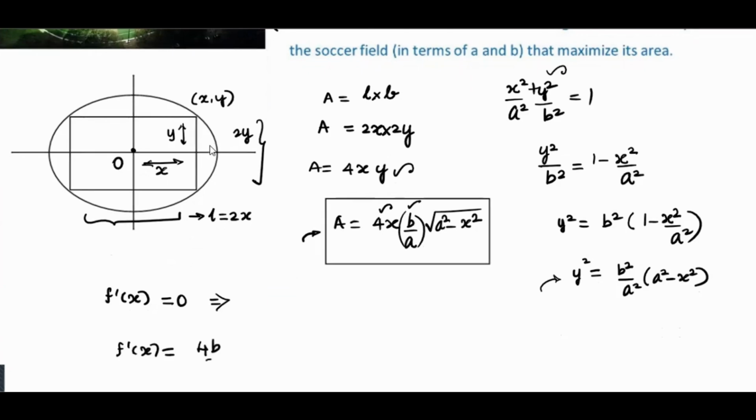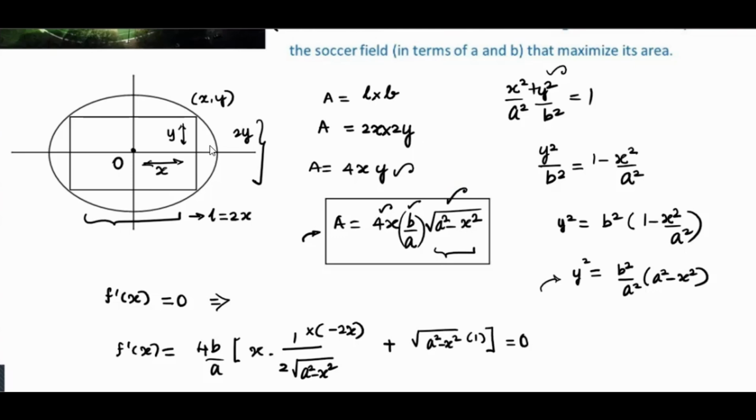Four b divided by a into x into, if you differentiate this part, it becomes 1 divided by 2 times root of a square minus x square into, if you differentiate the term inside, it becomes minus 2x. And vu dash would be root of a square minus x square into x would be just 1, and equate it to 0.